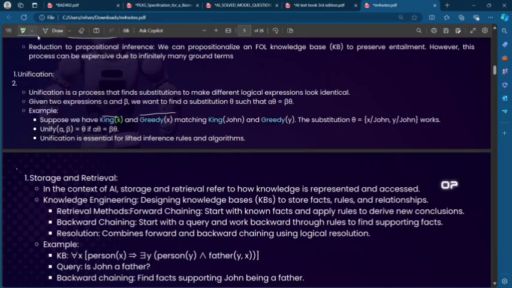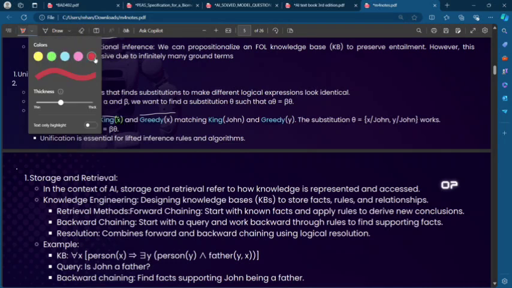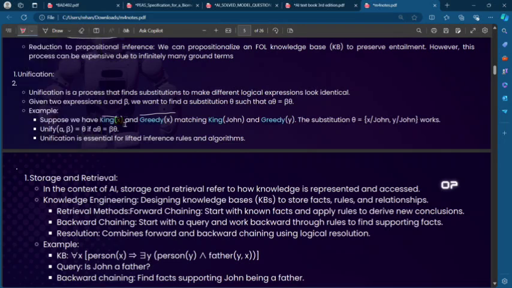No, green is not helpful. Let me use red. Wow, nothing is visible. Erase. Okay, now it's nice. Instead of x we have John, and instead of the other x we have y.